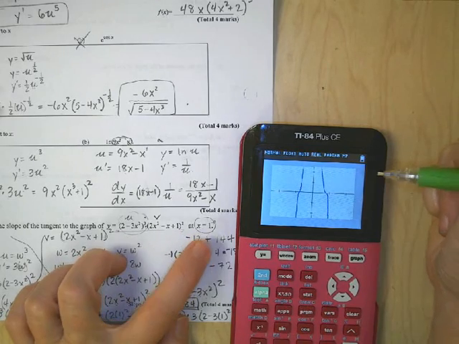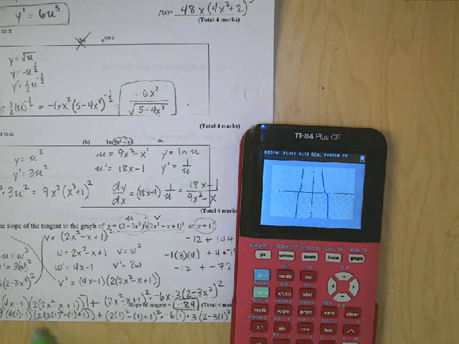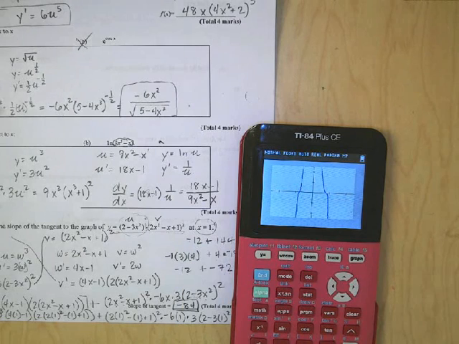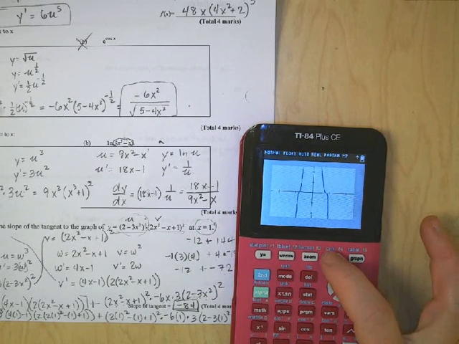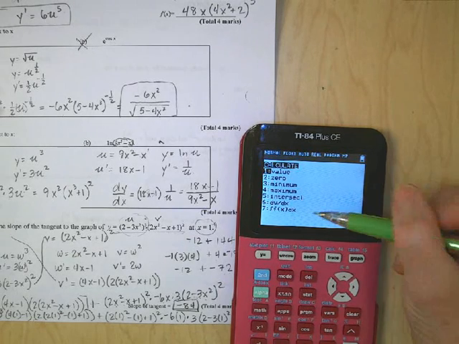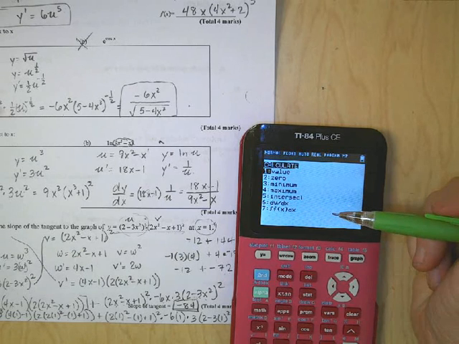The calculator will calculate it for you. It won't show you the derivative, but it will show you the value of the derivative at a given x value. So the way you do this is you hit second, calculate. Notice that's above the trace button. And notice option number 6, dy dx. That is the derivative. Oh my gosh, it's right here.